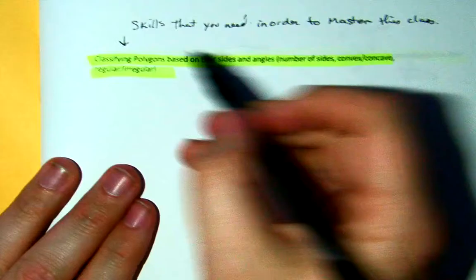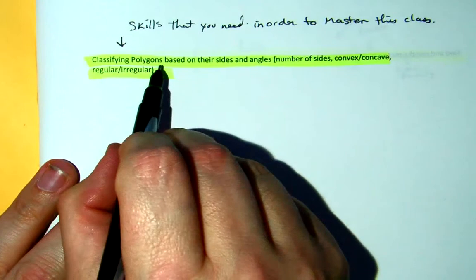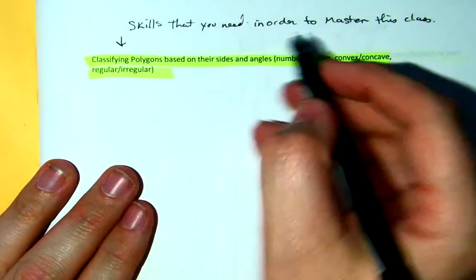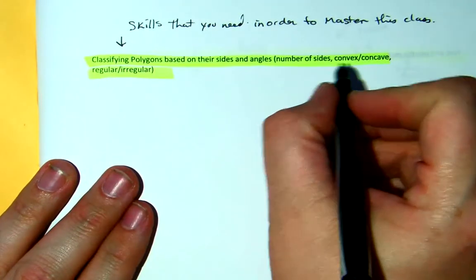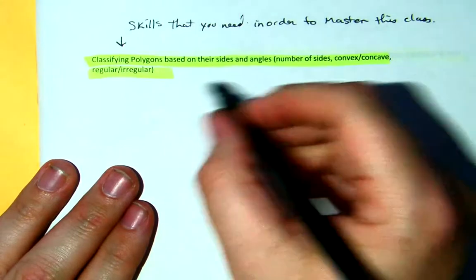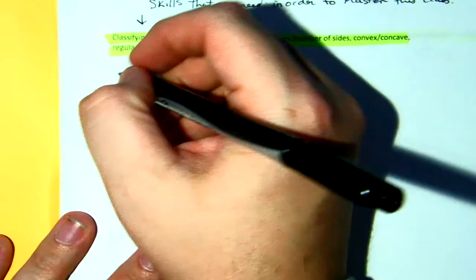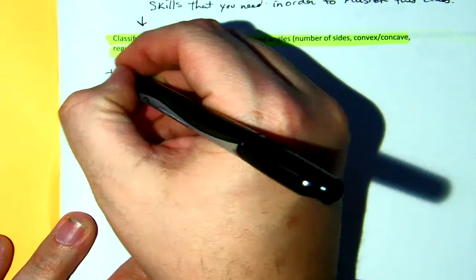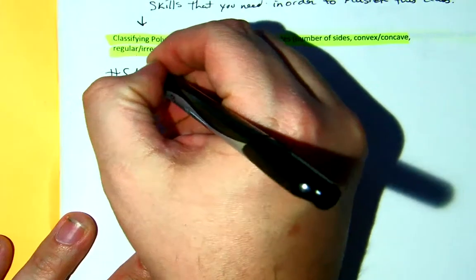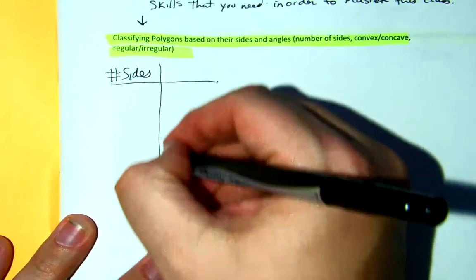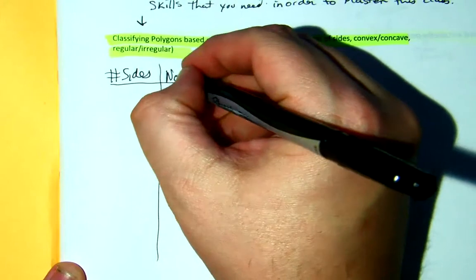Which means, for this one, classifying polygons by their sides and angles, number of sides, convex, concave, regular, irregular, etc. So just really quickly, we'll go by number of sides, and we'll go with names. And we'll start with that.